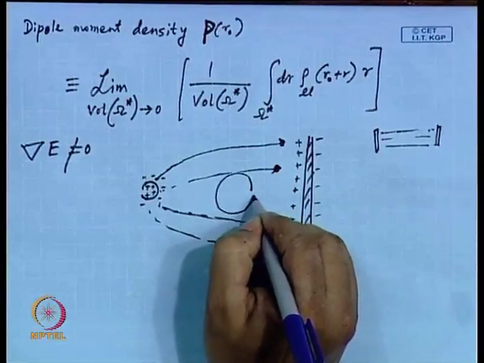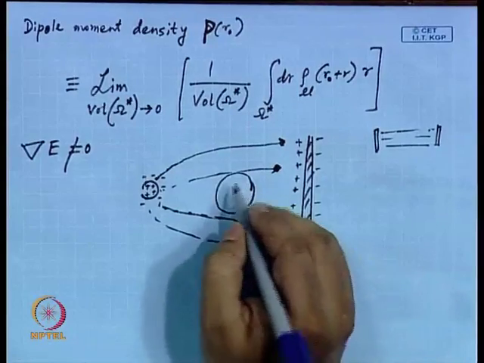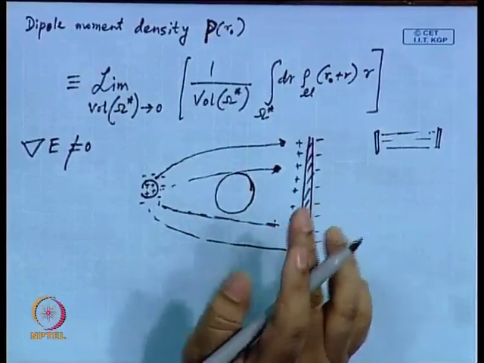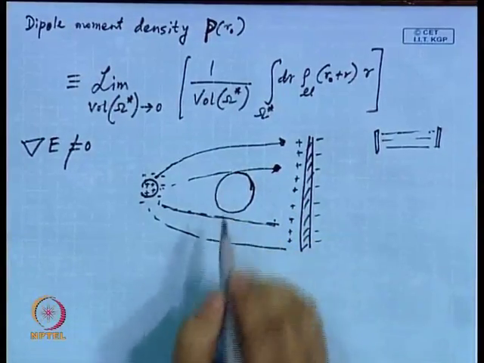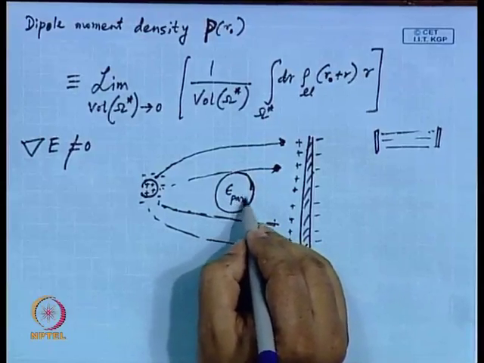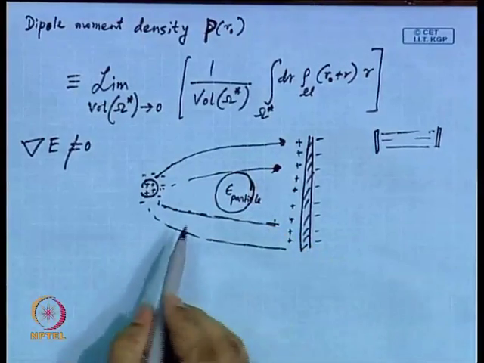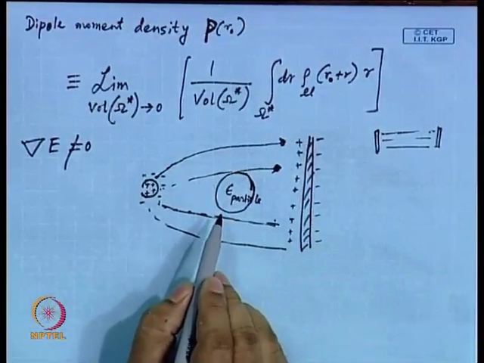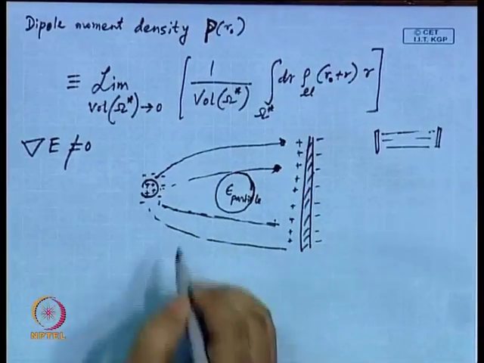In this non-uniform electric field, you have put a dielectric particle, which has a certain epsilon. We call this epsilon of particle, and on top of that you have a medium in which this particle is suspended, and let us call this epsilon fluid.